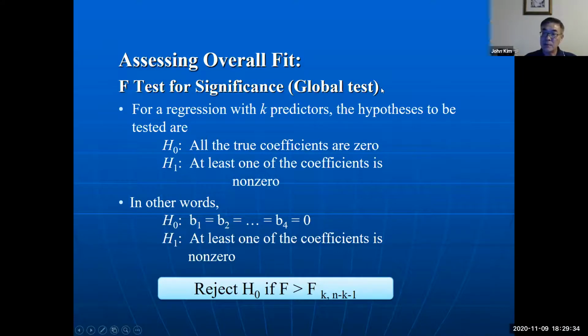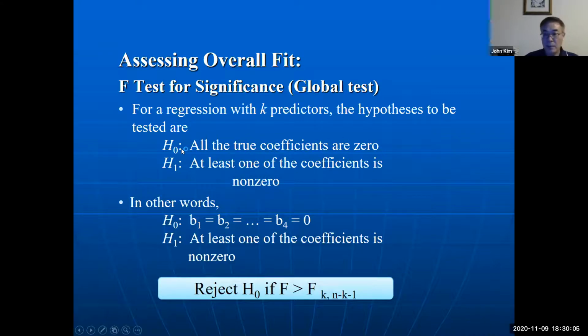The name of this test is the global test, because we test the equation itself, the total equation. For a regression with k predictors, the hypothesis to be tested is like this.